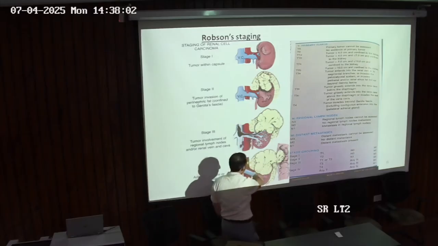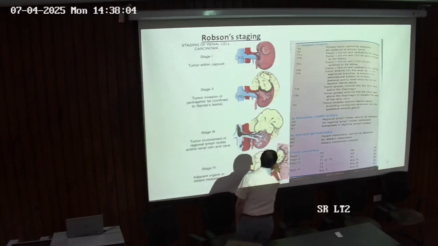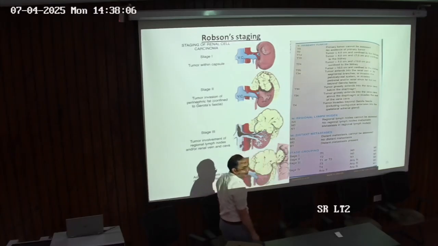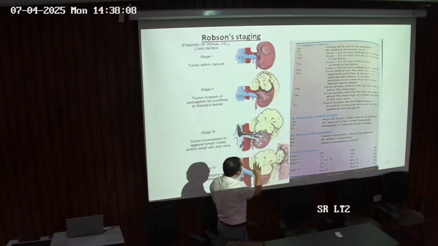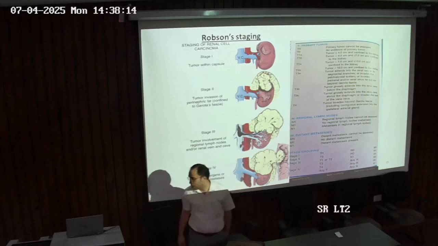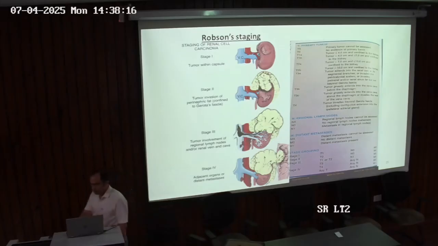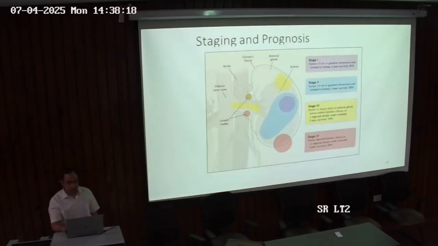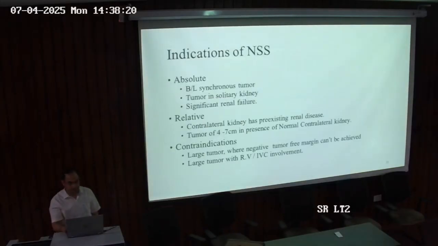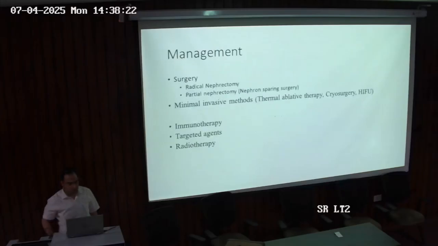A tumor going beyond the Gerota fascia is T4. So in radical nephrectomy, everything inside the Gerota fascia we have to remove. Another option is the partial nephrectomy.